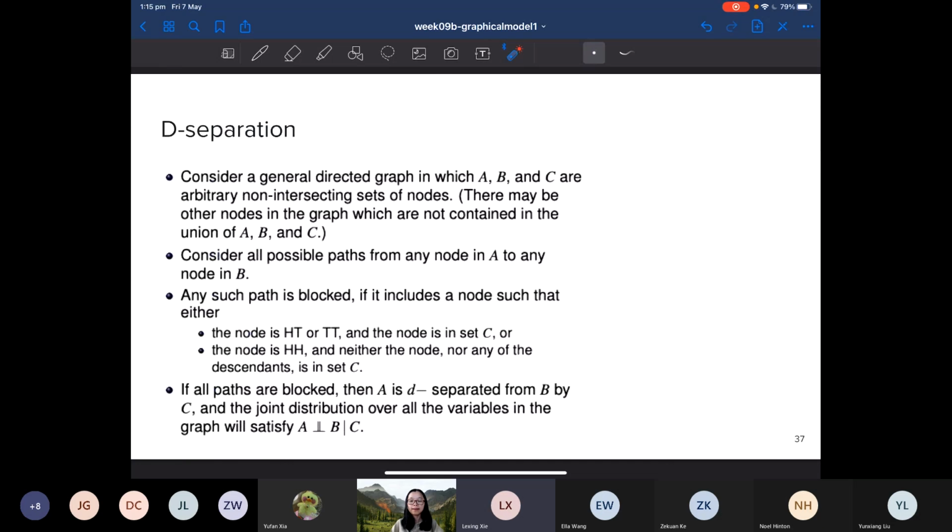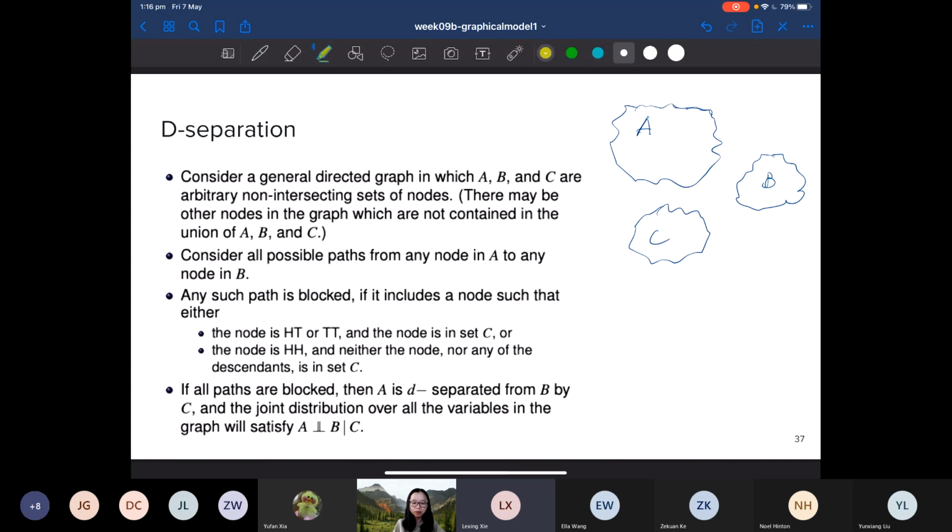And the notion of D-separation is defined as follows. So now we consider a general graph where we have a set of nodes A. Now, instead of small a, we write a large A. And the set of nodes B, I drew a cloud because there are multiple nodes in here, and a set of nodes C, right? They're arbitrary but non-intersecting, right? So we have 3 sets of nodes.